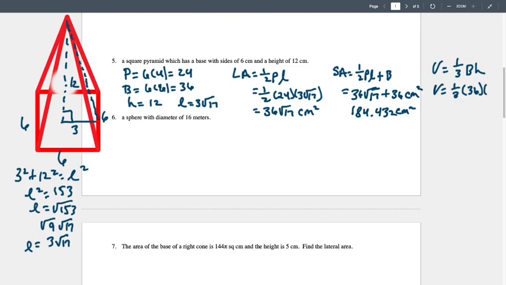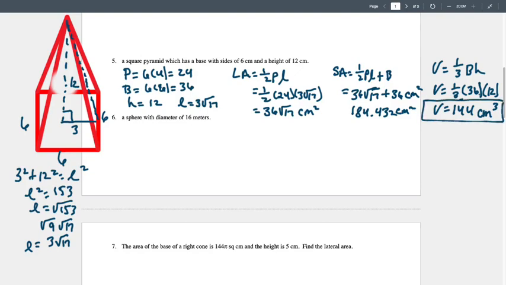The height of that pyramid is, sorry, that's not right. The height is 12. So a third of 36 is 12, and 12 times 12 is 144. So 144 centimeters cubed is my volume.